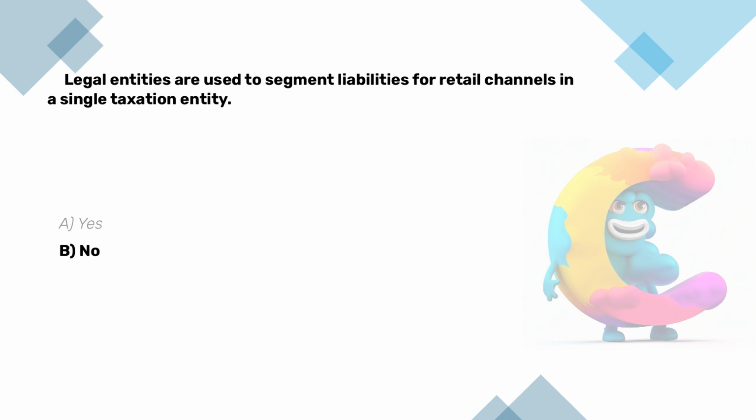They represent distinct legal entities that can operate under different regulatory frameworks, including taxation, but they do not segment liabilities in this manner. Legal entities are used to segment the financial transactions for a company for tax purposes.